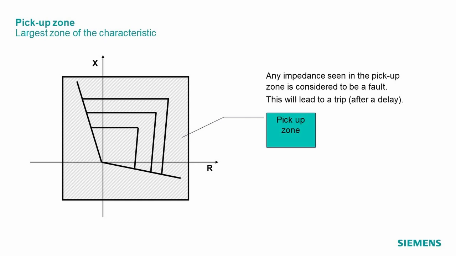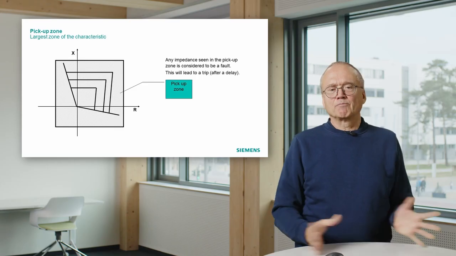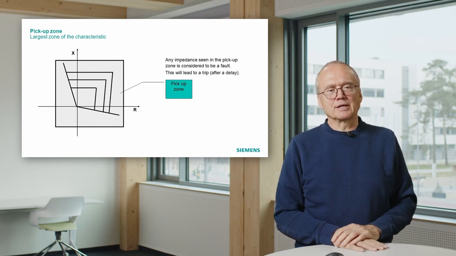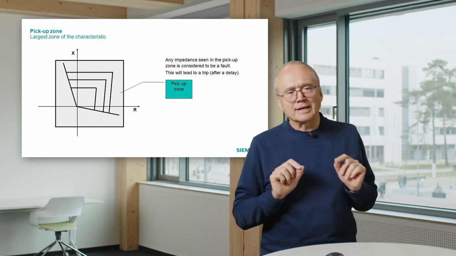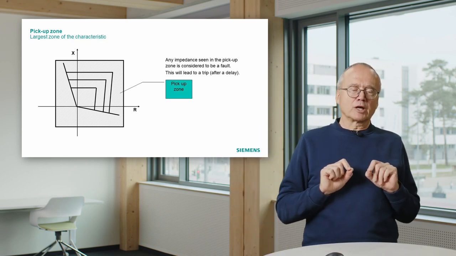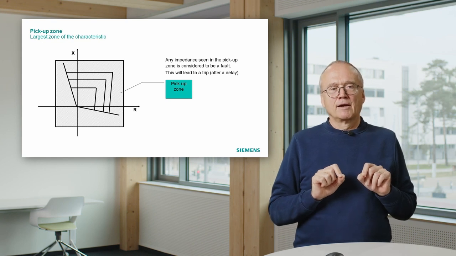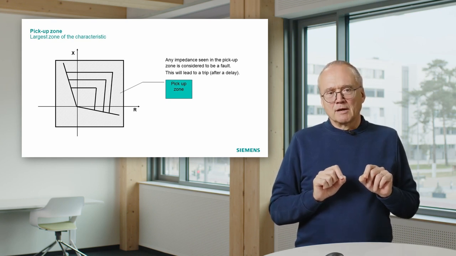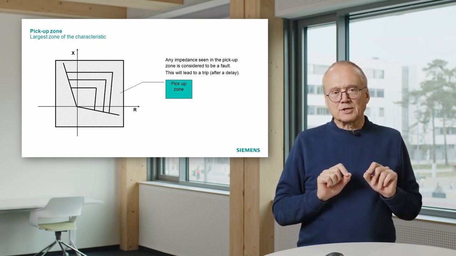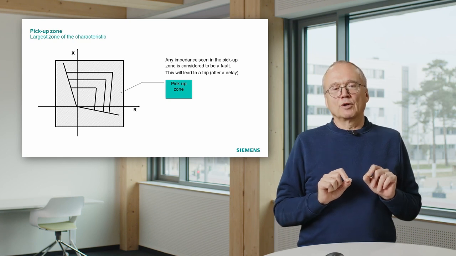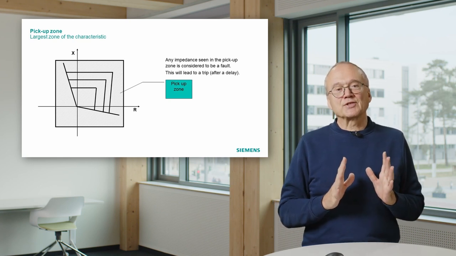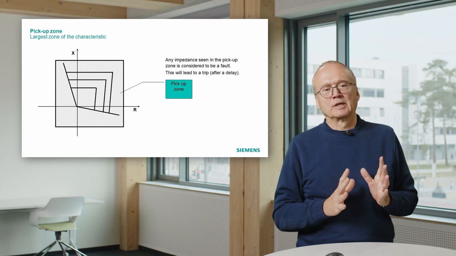It's really called pickup zone, but sometimes it's just the outer zone. And this pickup zone requires particular attention, because you must be careful to define the size of this pickup zone.